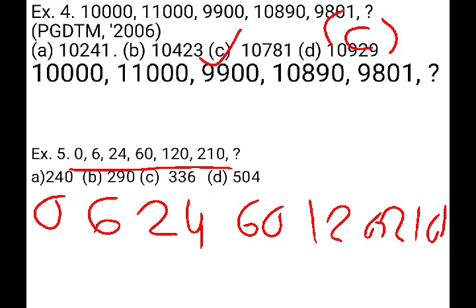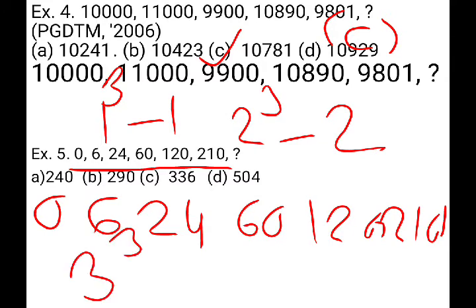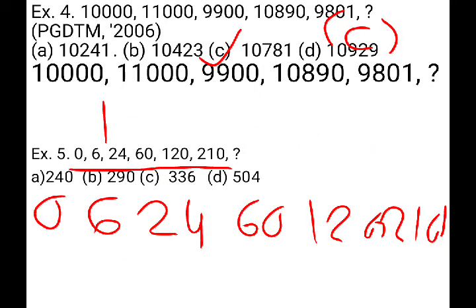The pattern is in the form of cubes minus. 0 is 1 cube minus 1. 6 is 2 cube minus 2. 24 is 3 cube minus 3. 60 is 4 cube minus 4. 120 is 5 cube minus 5. 210 is 6 cube minus 6. So the question mark represents 7 cube minus 7.